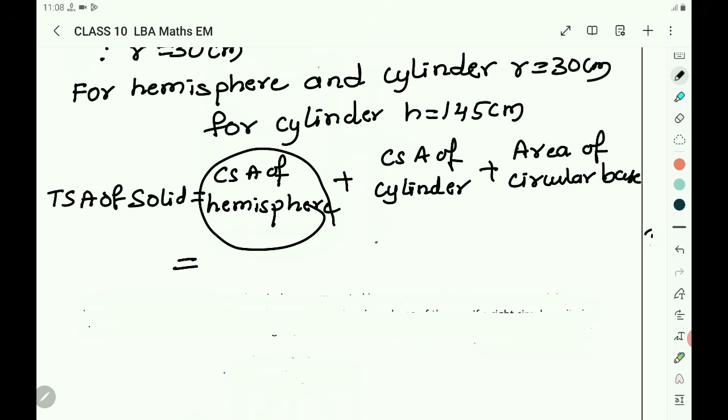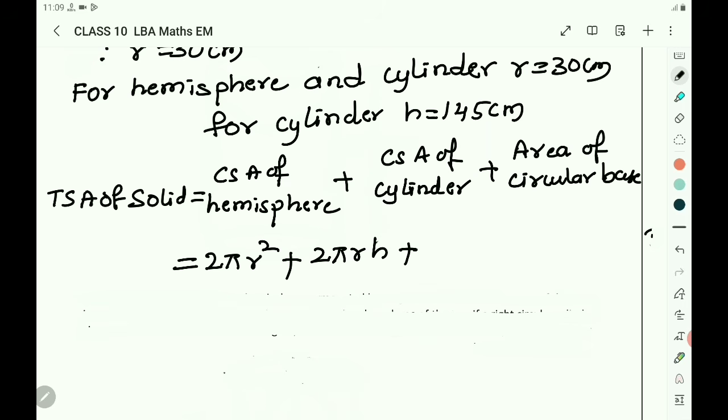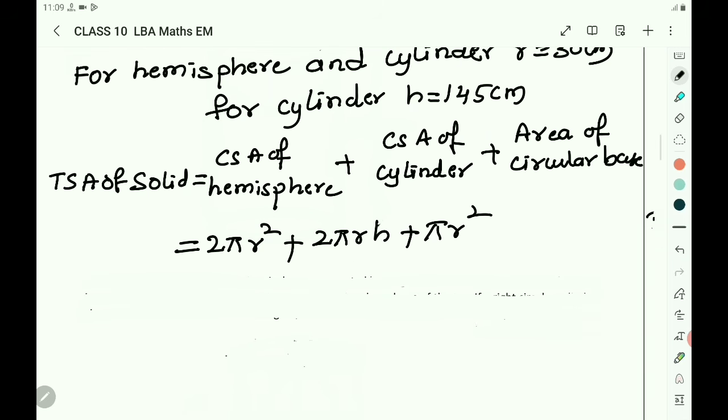Write the formula for each. CSA of hemisphere is 2 pi r square plus CSA of cylinder is 2 pi rh plus area of circular base is pi r square. Then you can take pi r common.